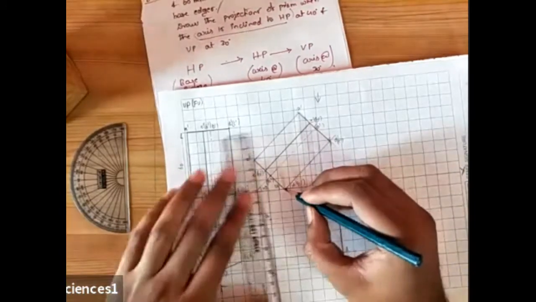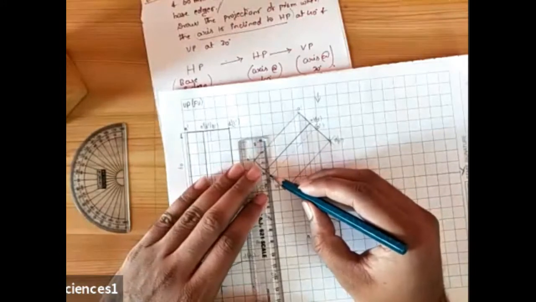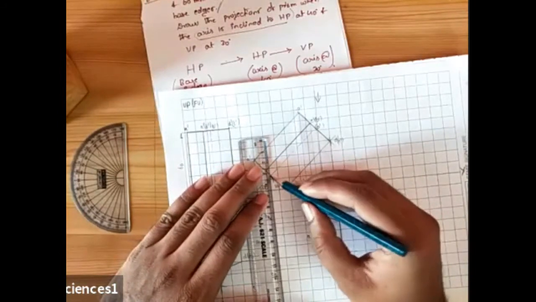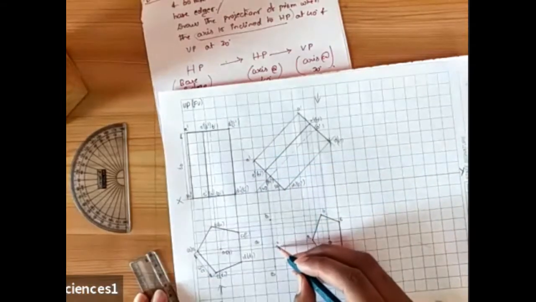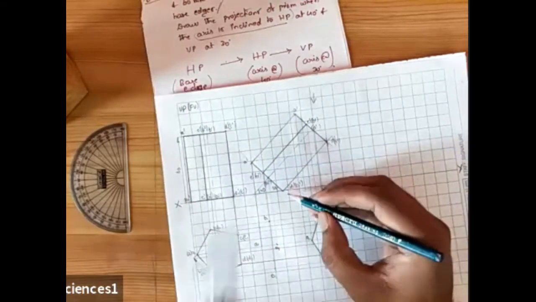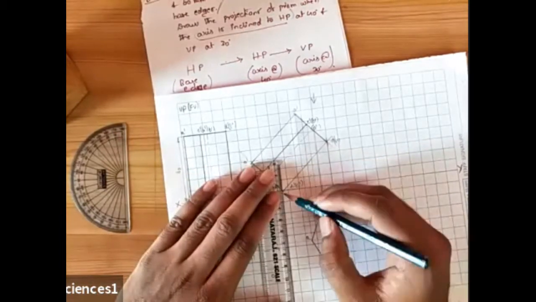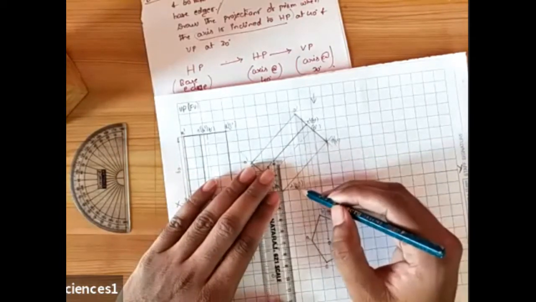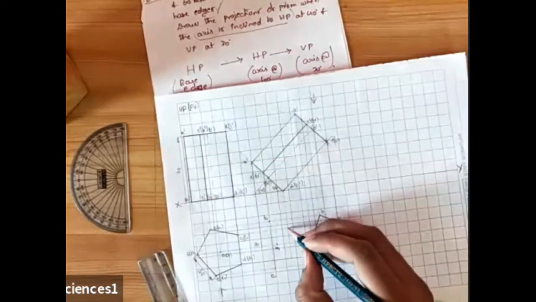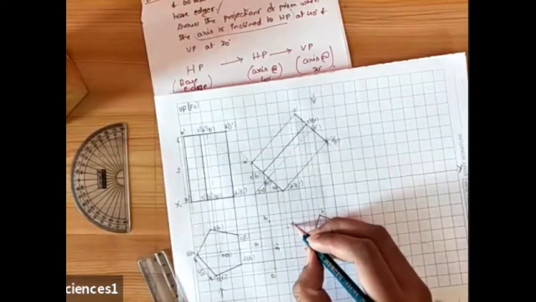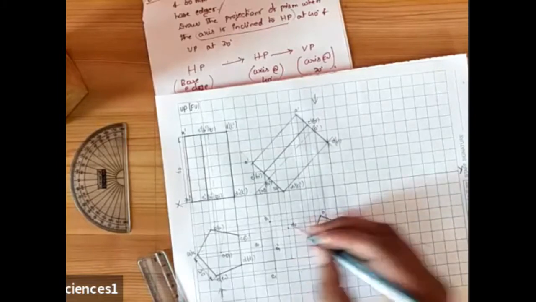Extend the point O1 also. Don't forget the axis. Extend the axis also. The axis will coincide here. This will be your O1, and finally the edge on which it is resting, that is D dash, D1 dash, and C1 dash. Extend that. So this will be the point D1, and sorry, this is your C.